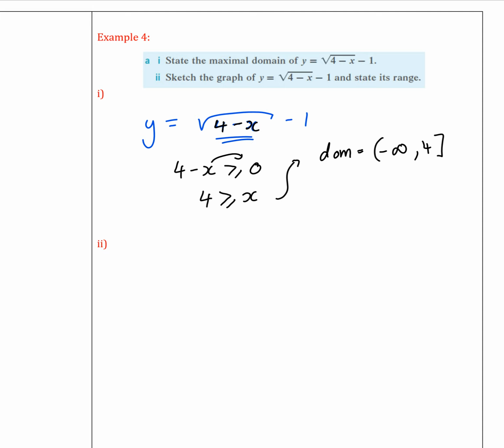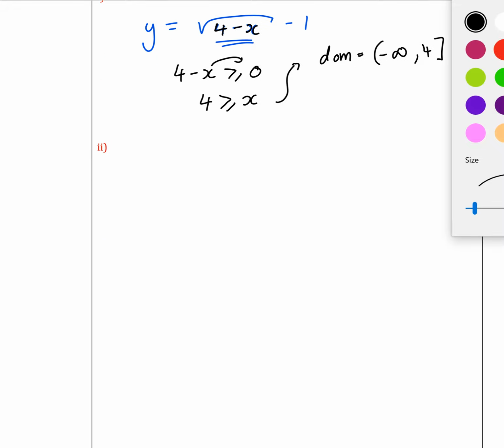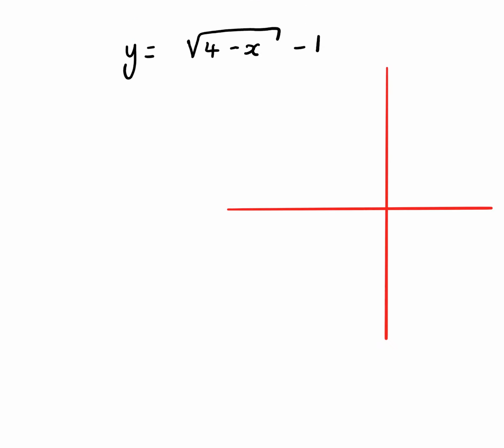Then it's asked me to sketch the graph and state its range. Well, it is a square root function, and we might actually do this on the whiteboard again, just because it's a bit smoother for the video. Okay, so the first thing I see is that I've got a minus x. So imagine that this was the square root of negative x plus 4, so just change the order, haven't changed the value, minus 1.